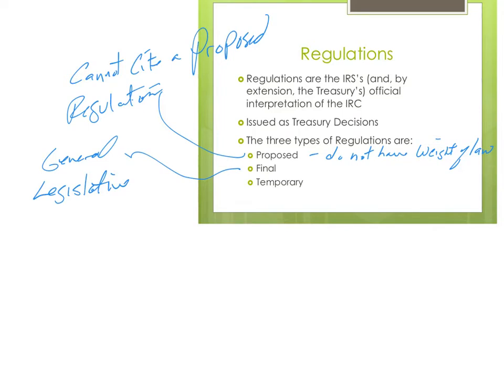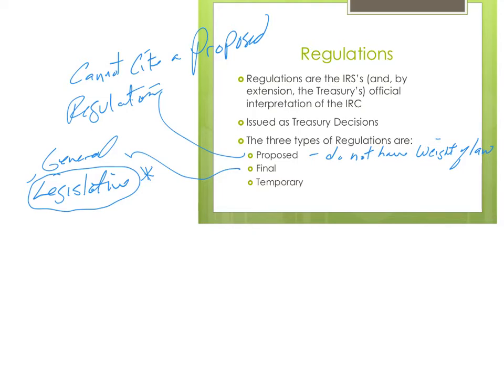All right? So legislative final regulations, all right, we'll put a little asterisk by this one, because that of all of the regulations has the most power, if you will. Okay?